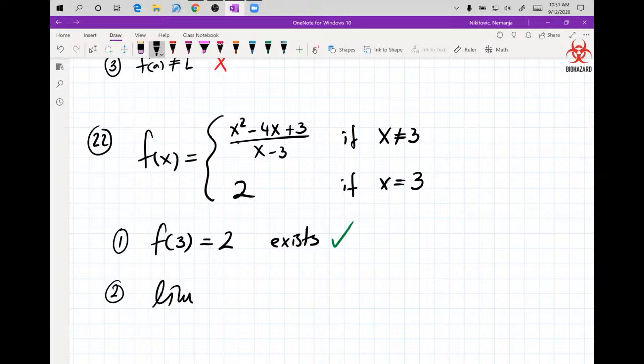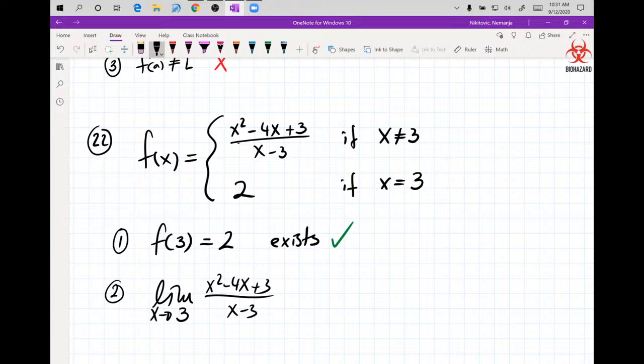Limit of x squared minus 4x plus 3 over x minus 3 as x goes to 3. Well, if I try the plug and pray method, it's not going to work, because 3 minus 3 is 0 in the denominator, which means that we have to use algebra to solve this problem.